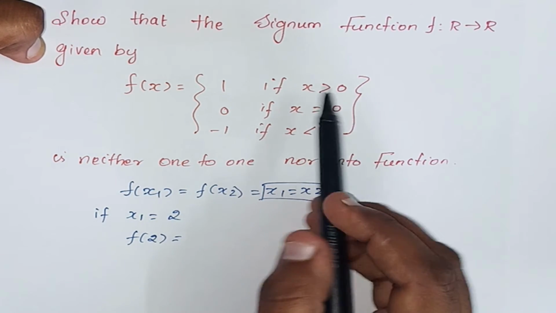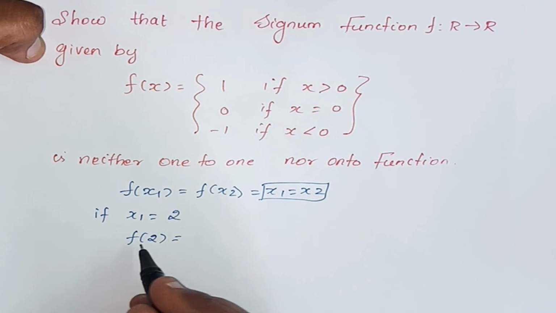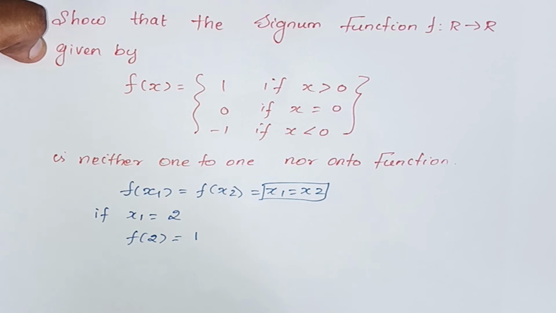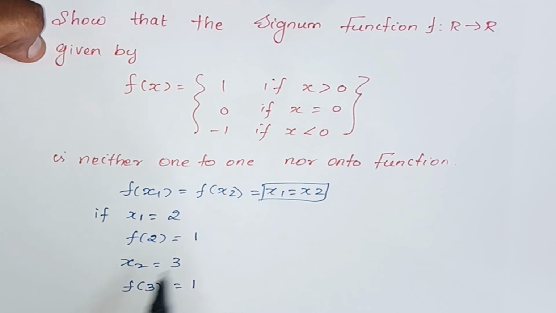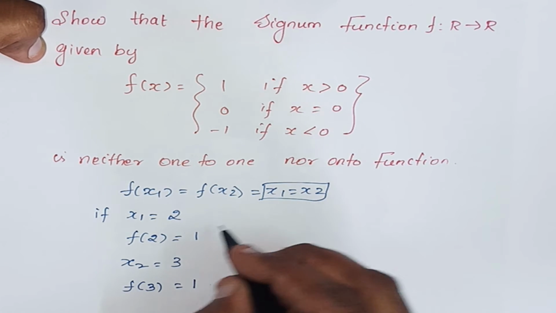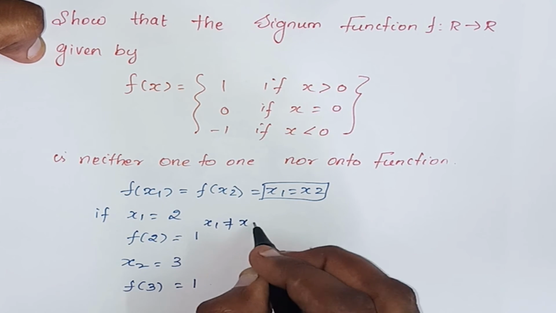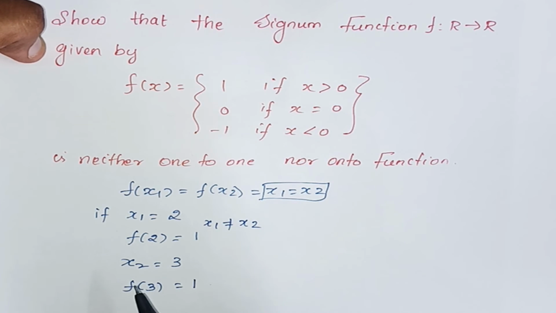So if x is greater than 0 means f of x is equal to 1. So f of 2 is nothing but 1. If I am taking x2 is equal to 3, what is mean by f of 3? If this is also positive value, if this is also greater than 0, so f of 3 is also equal to 1. So two different inputs, we have one output, that is x1 is not equal to x2.